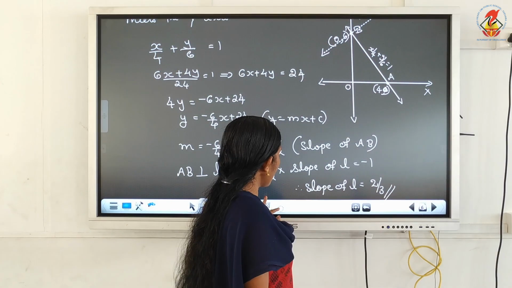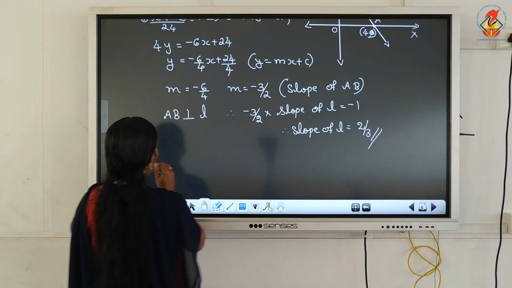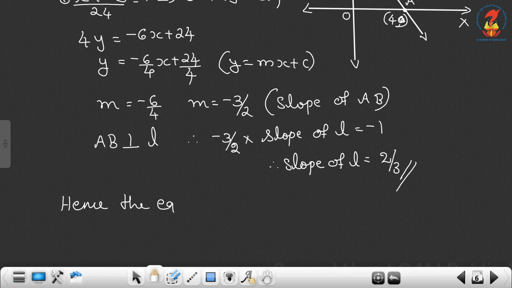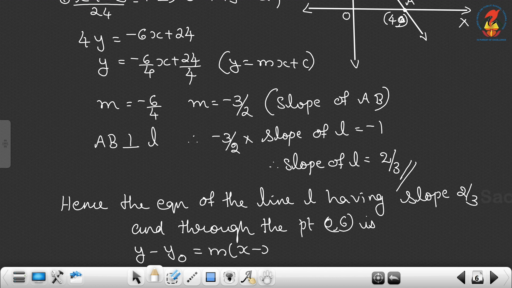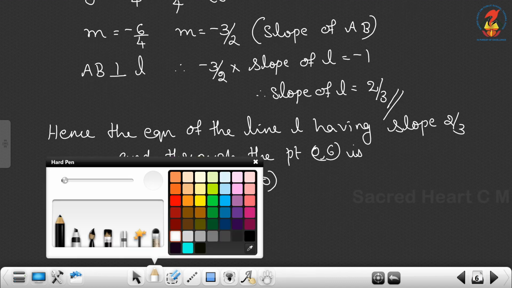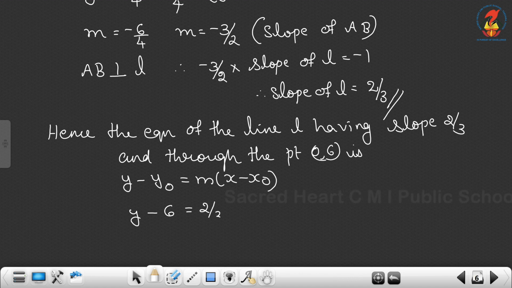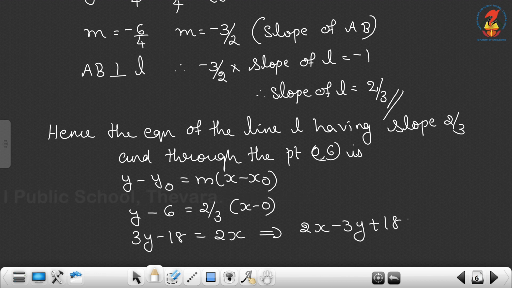is passing through (0, 6). So, we can write the equation. Hence, the equation of the line L having slope 2/3 and through the point (0, 6) is y minus y0, point slope form, m into x minus x0, or how we write that? y minus, the point is (0, 6), slope is 2/3, x minus 0, or 3y minus 18 is equal to 2x, or I can write as 2x minus 3y plus 18 is equal to 0.